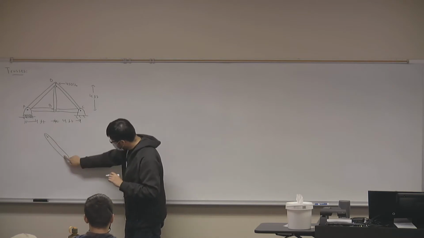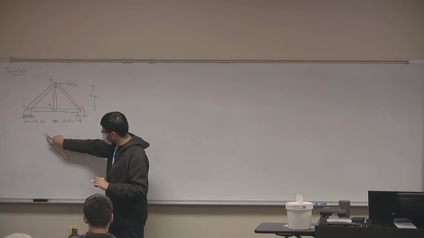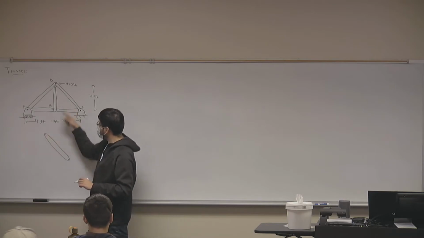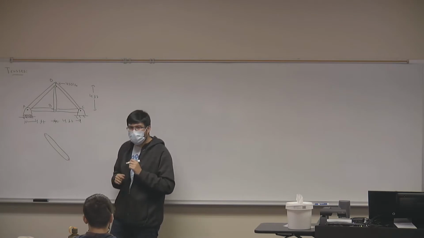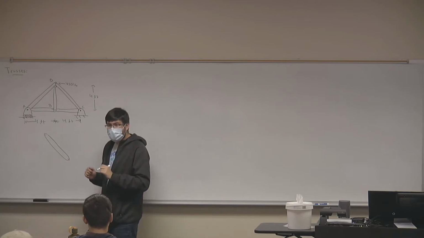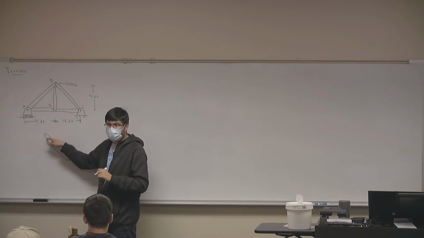Now, of course, this is a two-force member because this truss will only experience forces at each of these 2 points. And what did we say about two-force members? Remember, two-force members will always have the force with the same magnitude, but in the opposite direction.